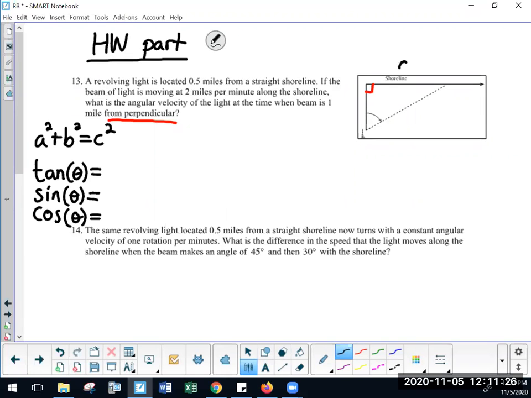I'm going to say that A, B, and C work like this. A is the perpendicular distance along the shoreline. That's that distance. B is the distance from the shore to the lighthouse or vice versa.